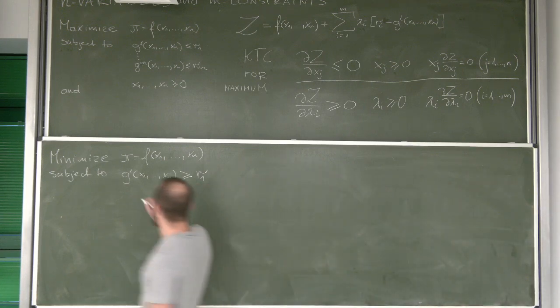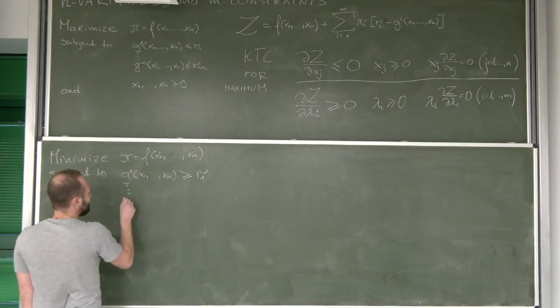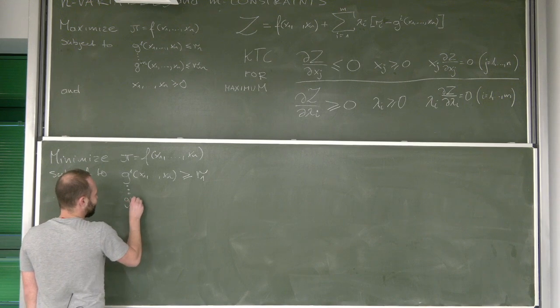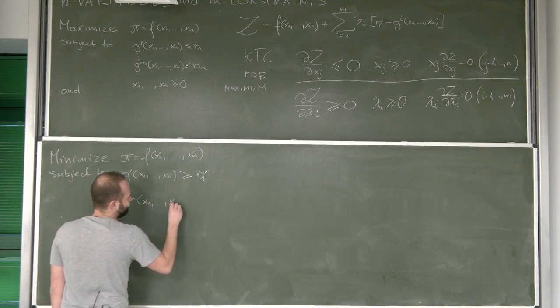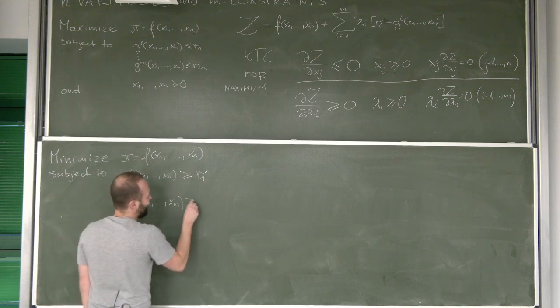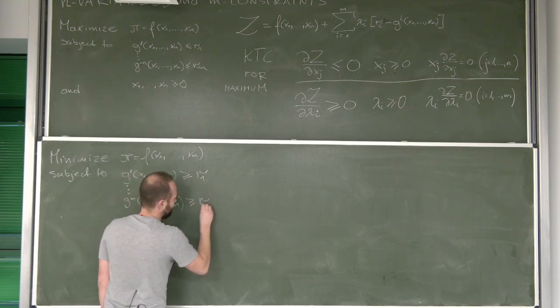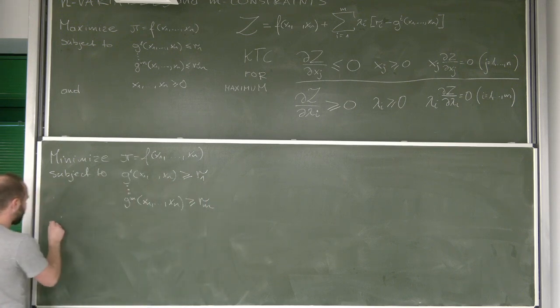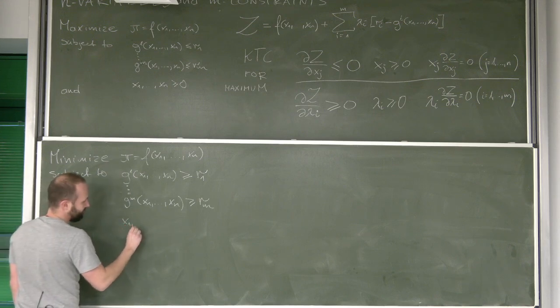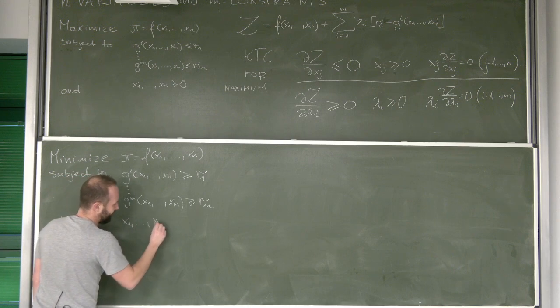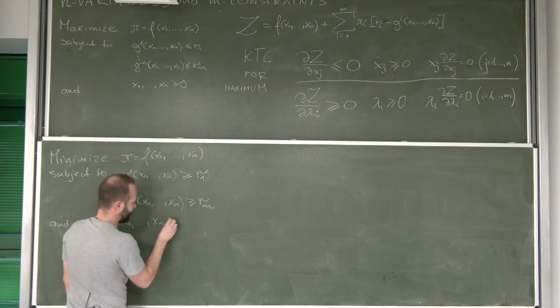Okay, and of course we're going to have m different constraints like that, each indexed by i, and at the end, as usual, non-negativity restriction.